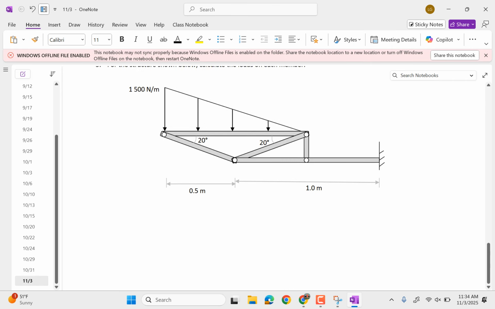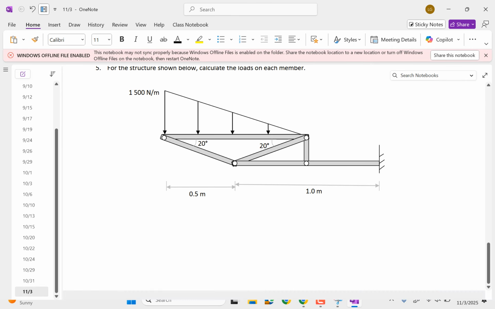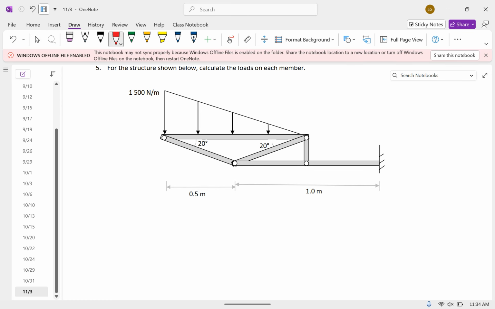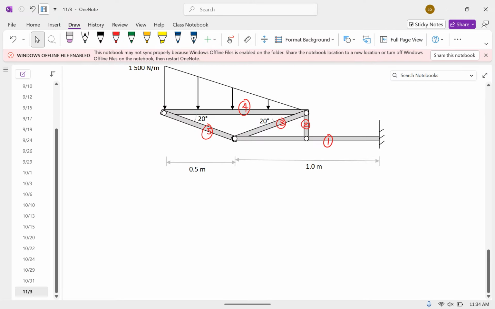Okay. So I'll number these. 1 is this whole horizontal thing. 2, 3, 4, 5. So, free body diagram of member 1.